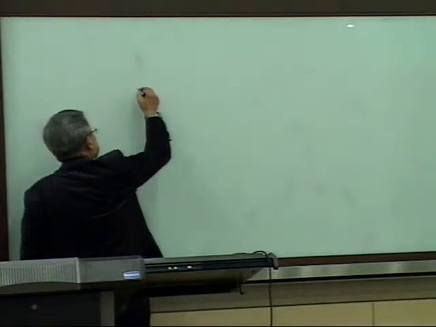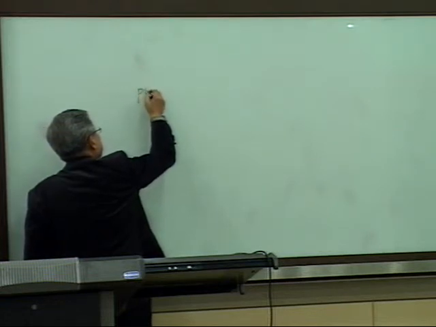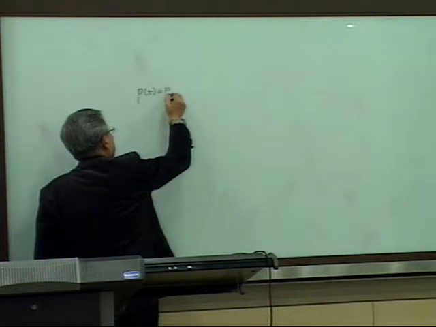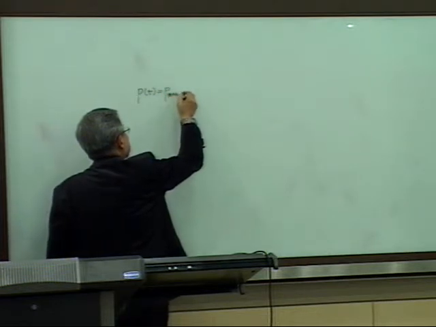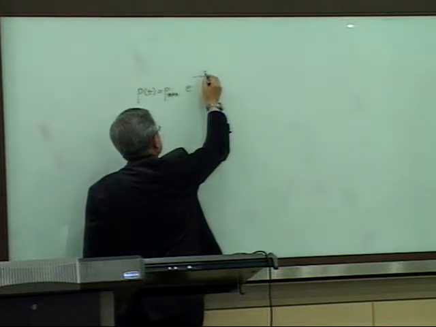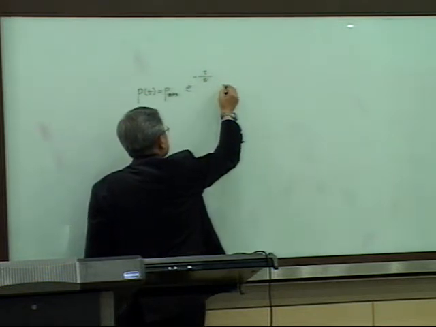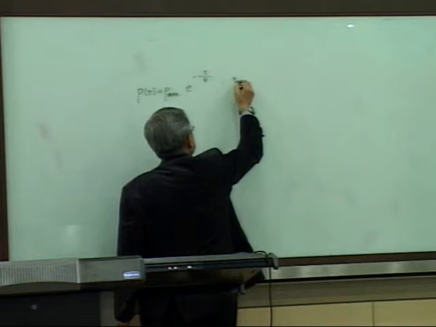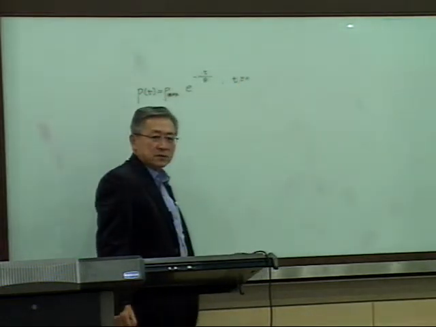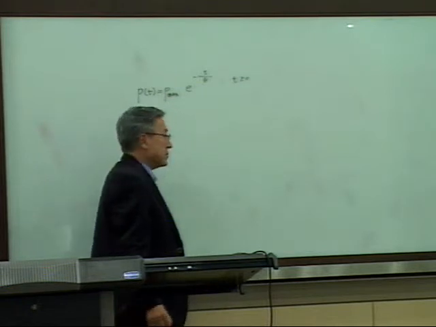So here is P. Again, we write this is equal to P max times e to the minus T over theta, where T has to be greater than or equal to 0. It's all understandable.